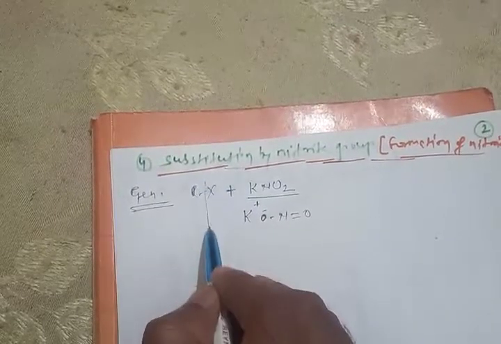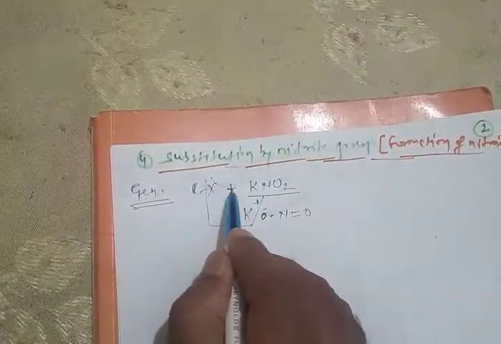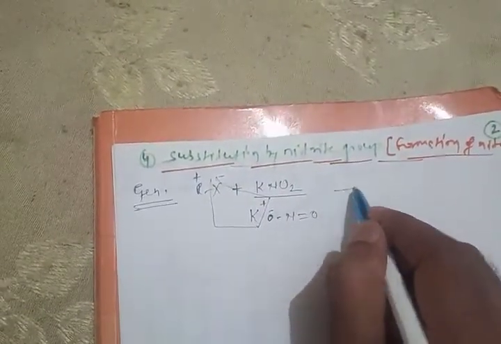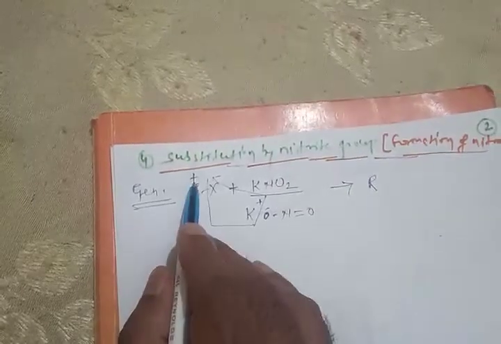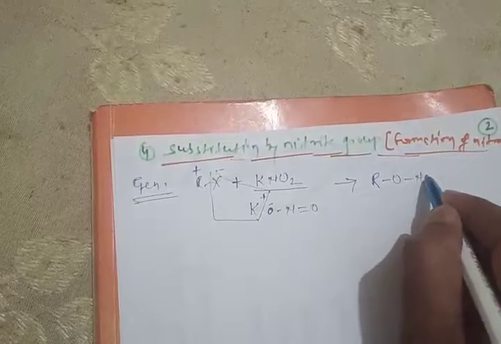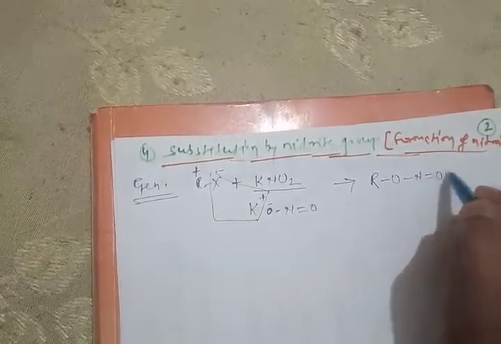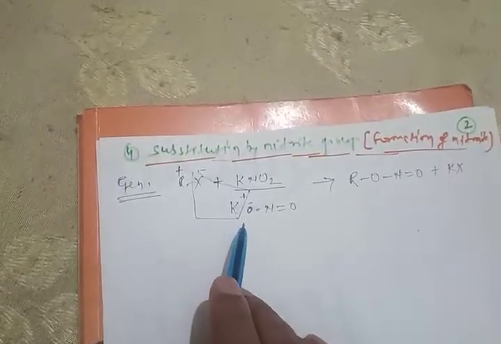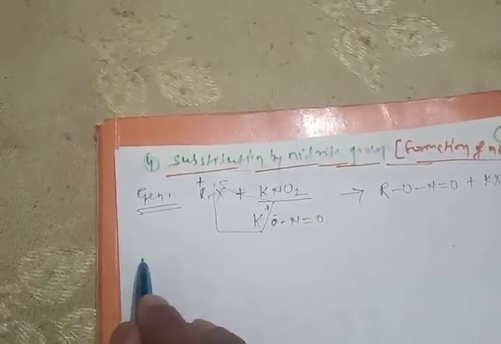So this reaction will give R, which will now combine with O, N double bond O, plus KX. This is very important to understand.